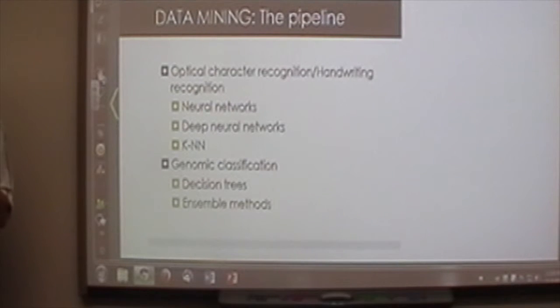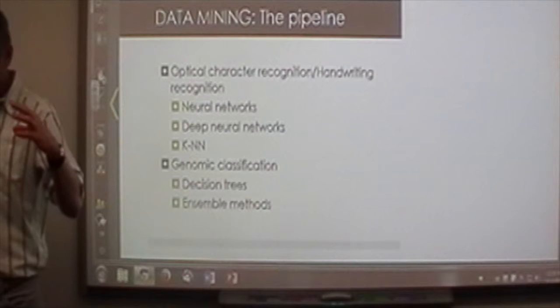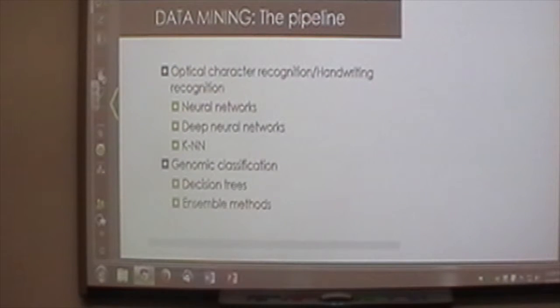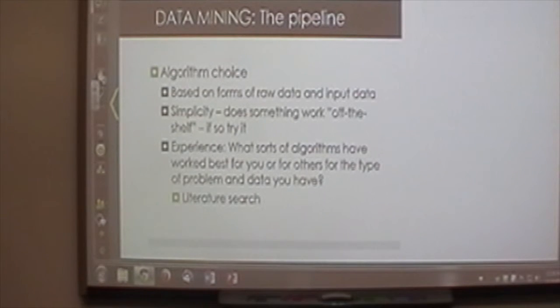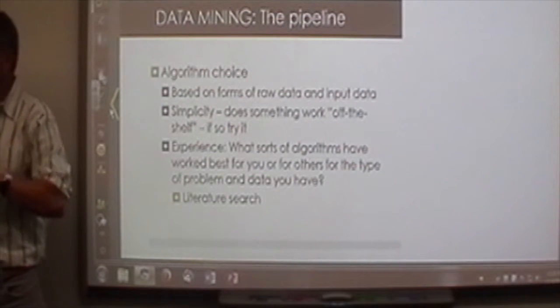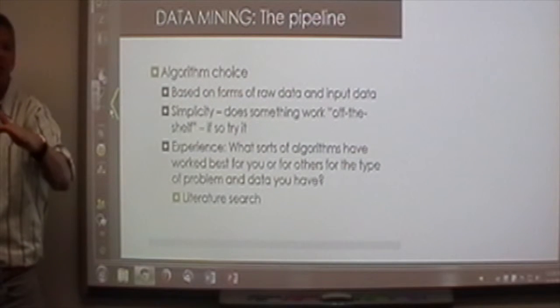If you were talking about optical character recognition and handwriting, most people would go to either neural networks and deep neural networks, or k-nearest neighbors. Well, part of this is going to hinge upon, and I don't know if that was on a prior slide that got missed, no, it's right here, this is kind of where I'm coming from. It depends on what does your raw data look like, what does your input data need to look like, right?